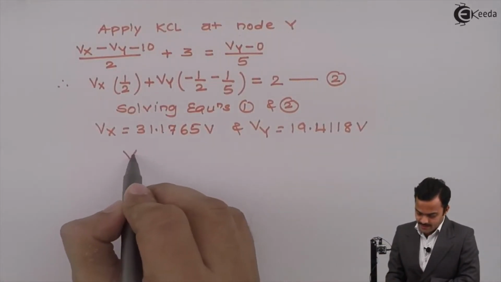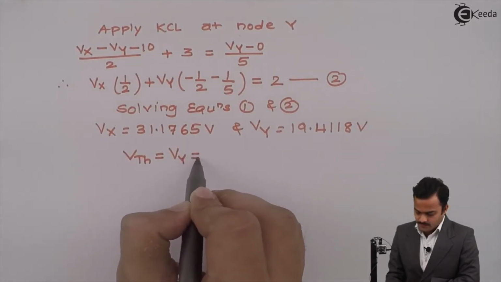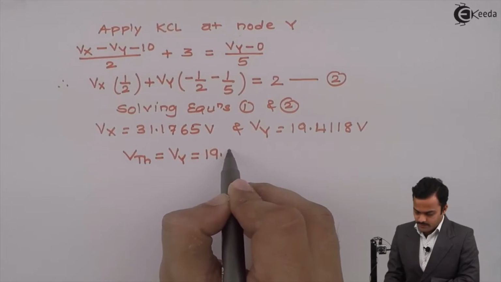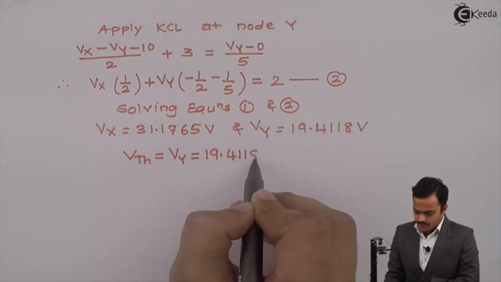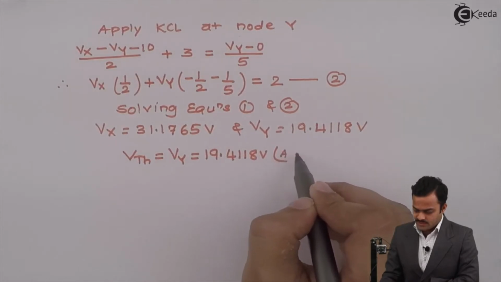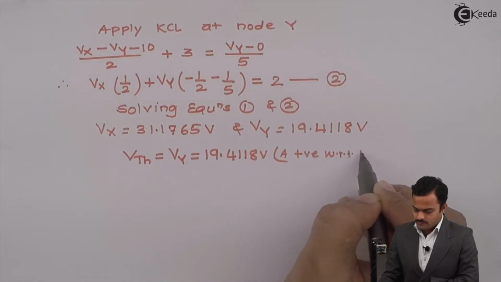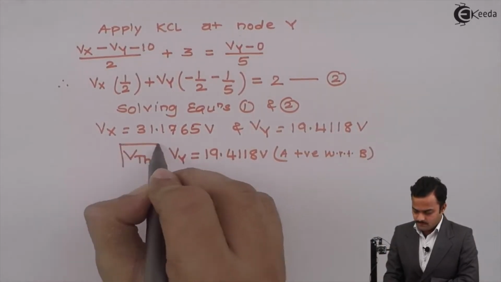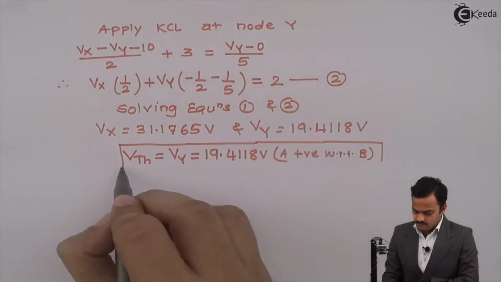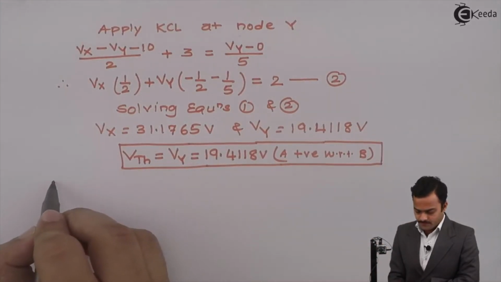VTH is the same as Vy, equal to 19.4118 volt. I am getting a positive answer, that means the assumption is correct: A is positive with respect to B. Step number 1 is over.